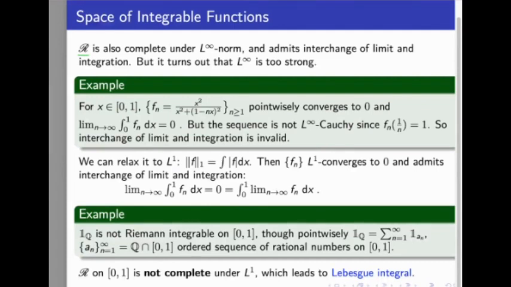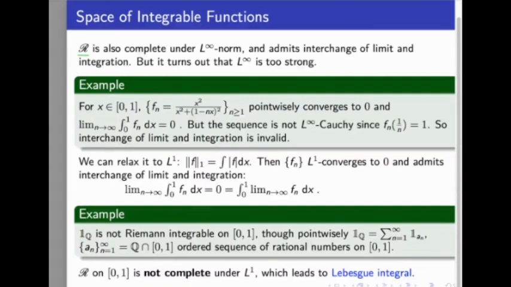It turns out that L infinity is too strong for some functions. Consider the example in the green box. For x in [0, 1], f_n is defined as x squared over x squared plus the square of (1 minus nx). It's easy to show that f_n converges pointwise to 0, and the integral converges to 0 too.